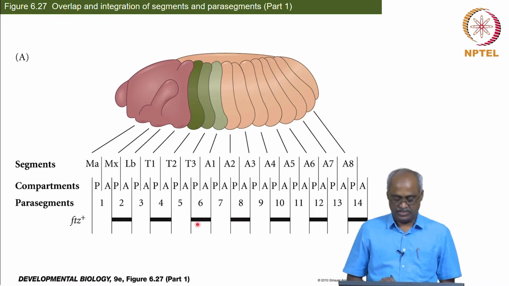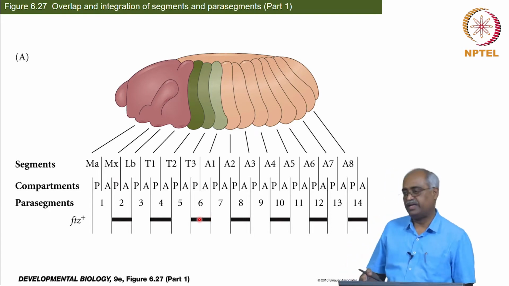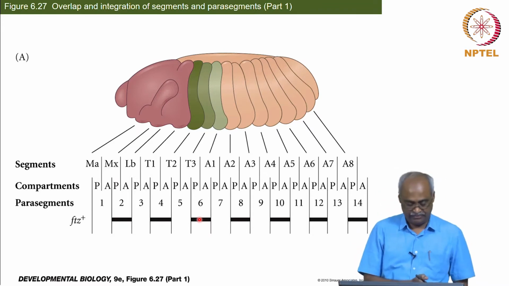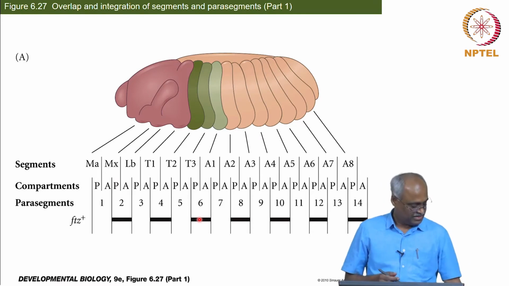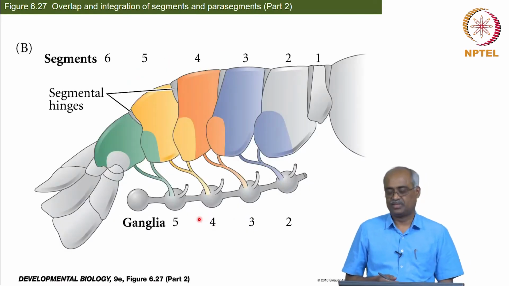The gene expression pattern, for example, seen in parasegment 6 is distinct from 5 and 7, and that comprises the posterior of T3 and anterior of A1, the abdominal first segment, and that is how we define parasegments. So, what is the consequence of that kind of an expression pattern defining these parasegments as distinct from the segments is illustrated in this.